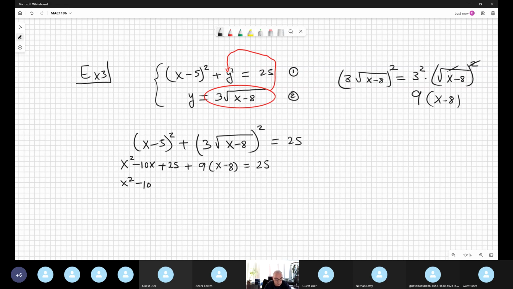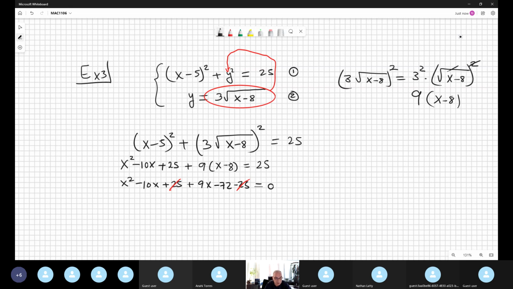x squared minus 10x plus 25 plus 9x minus 72 minus 25 equals 0. Okay, this is so interesting. Look at that, this 25 cancels out: positive 25 and negative 25 cancel.